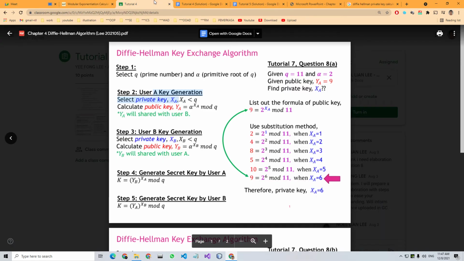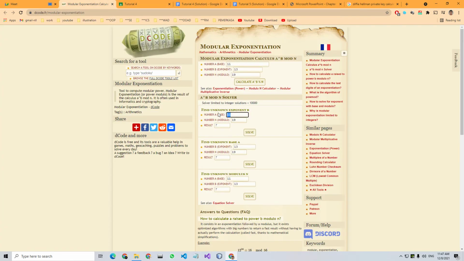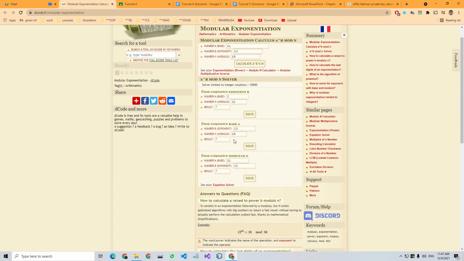So the base is 88, and the modulus is 187. Result means, no, wrong question already.